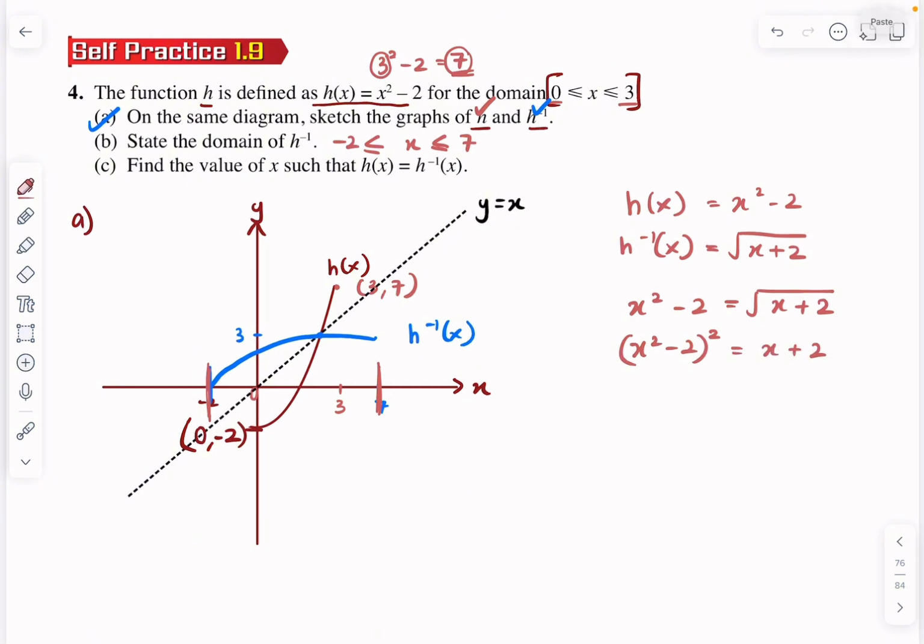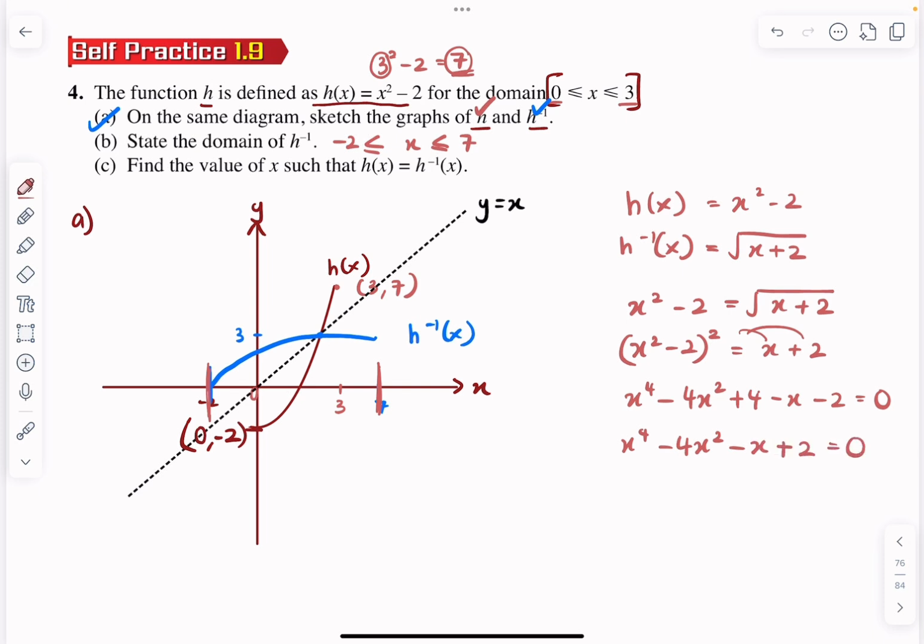So we square this, we get x to the power 4. And then the 2, you must times this, so we get negative 4x squared. Then negative 2 squared, we'll get plus 4. Then this one we bring to that side, so minus x minus 2 equals 0. So x to the power 4 minus 4x squared minus x plus 2 equals 0.